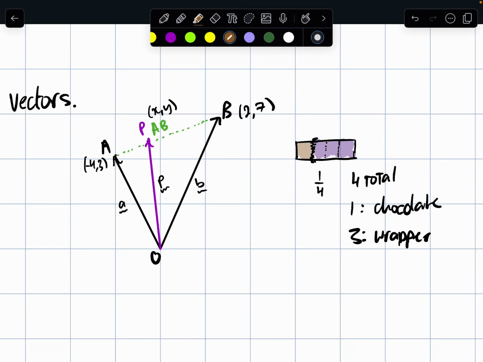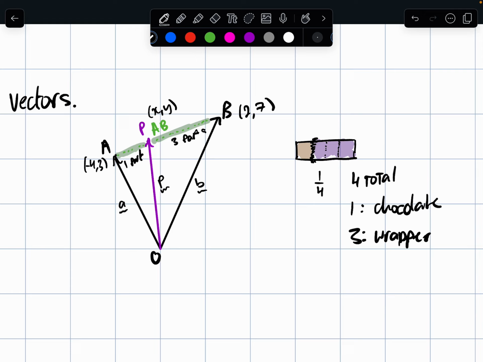That's saying this part here is going to be our 1 part, and then this part here is going to be 3 parts.